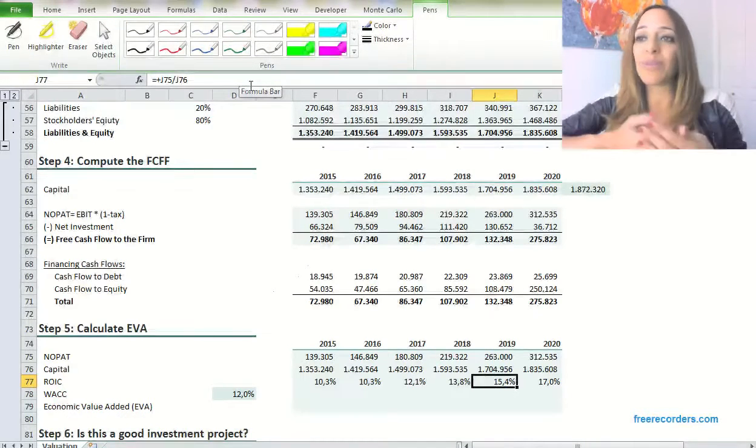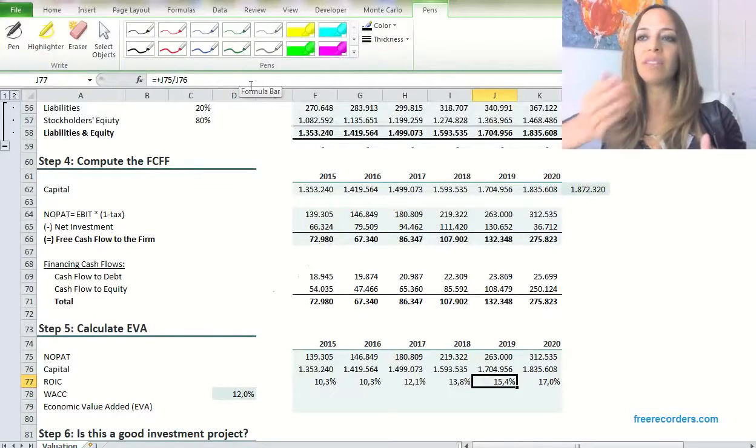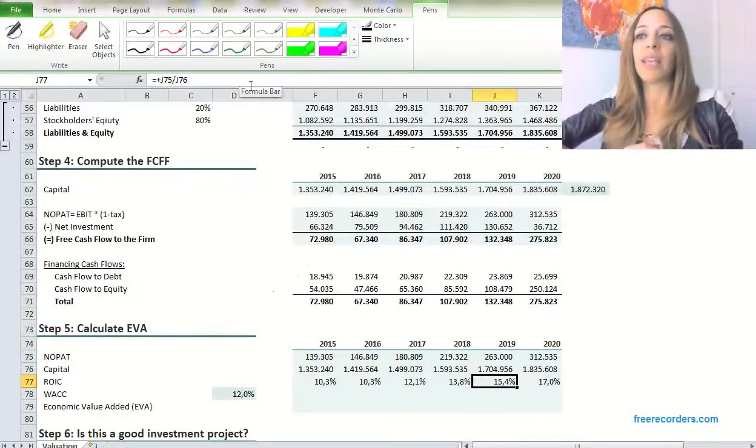Or the company was not able to increase margin, has no more ideas to reduce costs, but it's using the assets very efficiently. It's collecting accounts receivable, it's moving the inventory, and therefore it's obtaining a higher return, not because of margins, but because of assets turnover.